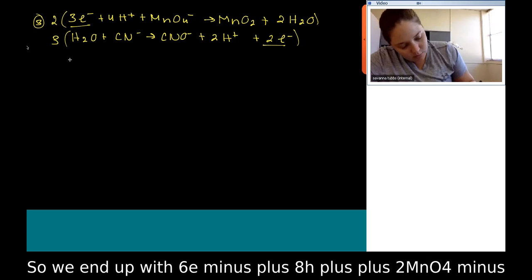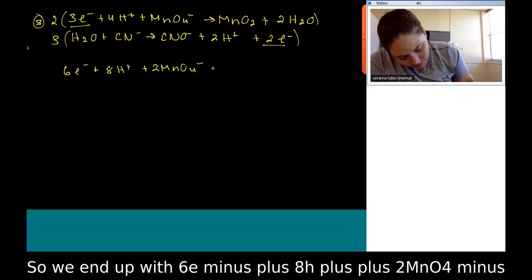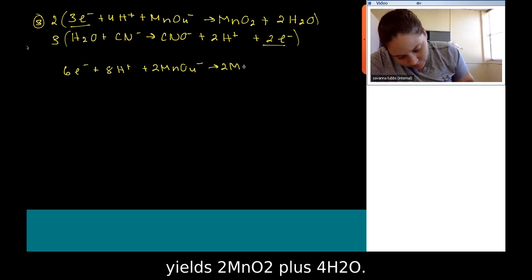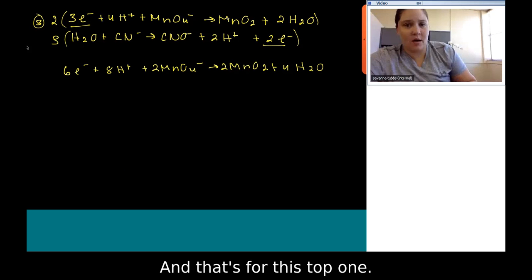So we end up with 6e minus plus 8H plus plus 2MnO4 minus yields 2MnO2 plus 4H2O. And that's for this top one.